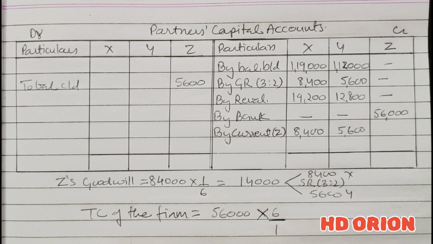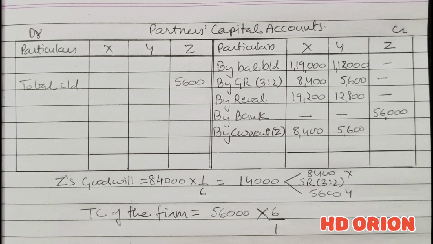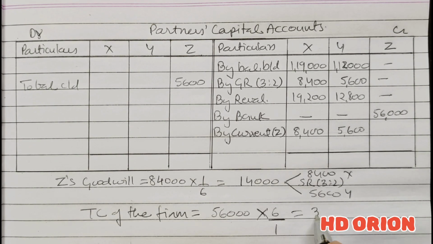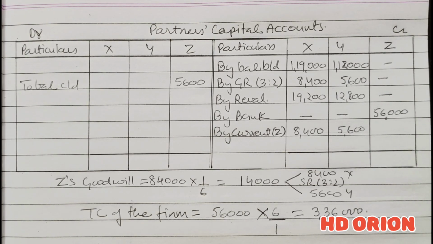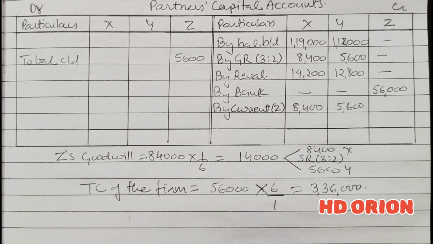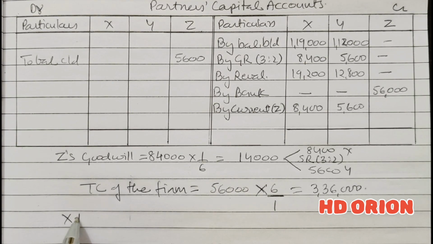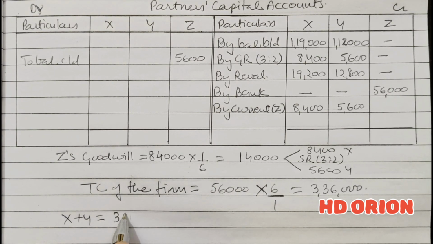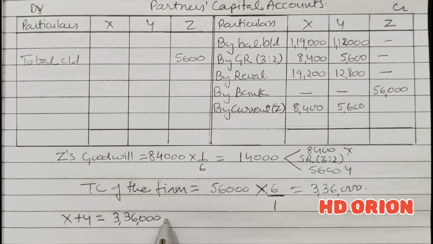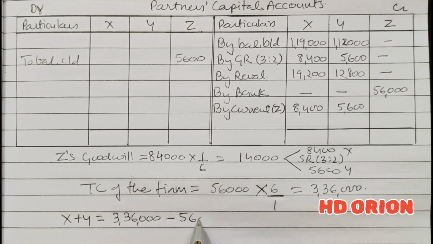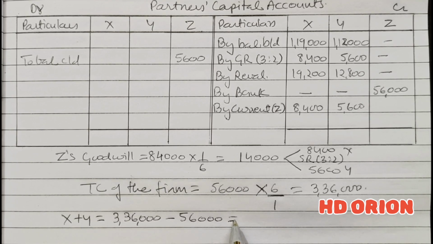So 56,000 multiplied by 6 is 3,36,000. Now in this 3,36,000, X plus Y is equal to the total capital of the firm 3,36,000 minus Z's capital, that is 56,000. And this will be equal to rupees 2,80,000.